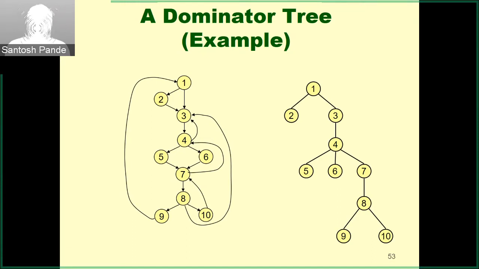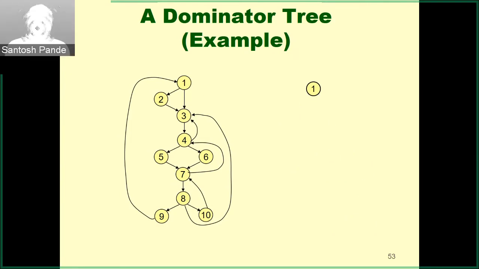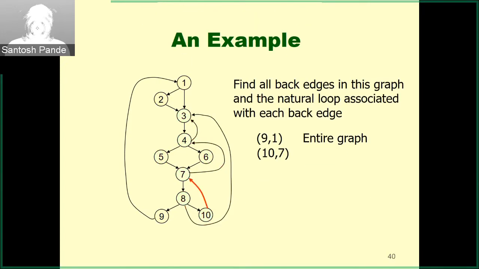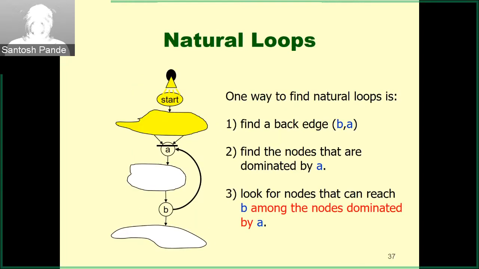So in that sense, the dominator tree is constructed as an indirect step before this particular version of the algorithm, which is first finding the back edge. For finding the back edge, we don't need the dominator tree, of course, because if I have to find out the back edge from B, I will just look at the DOM set of B, which tells me which are the nodes dominating B, and then just examine if I have an edge to any one of them.